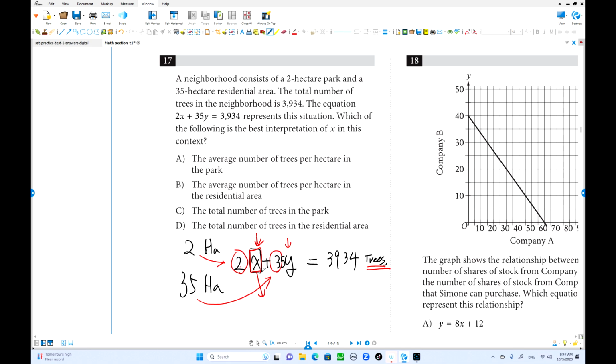So we are talking about 1 hectare. This one is the park, not residential. This one is 35 hectares, the number of trees in 1 residential area, right? This is a park. That's the answer, okay?